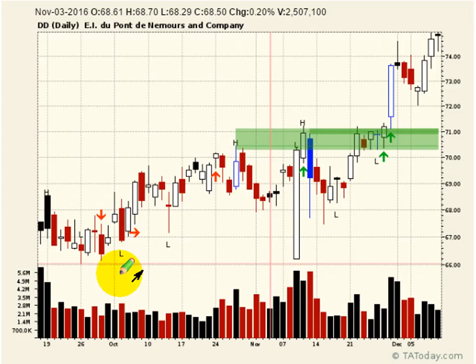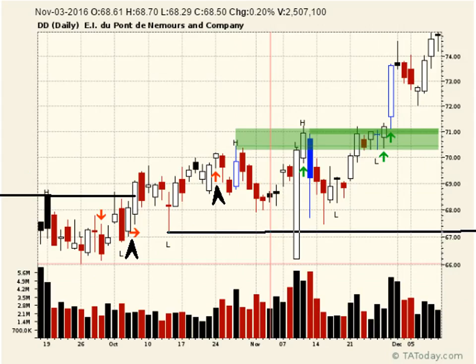Once that breaks, now we know that we've got a trend transition, and eventually we get a bullish trend transition.